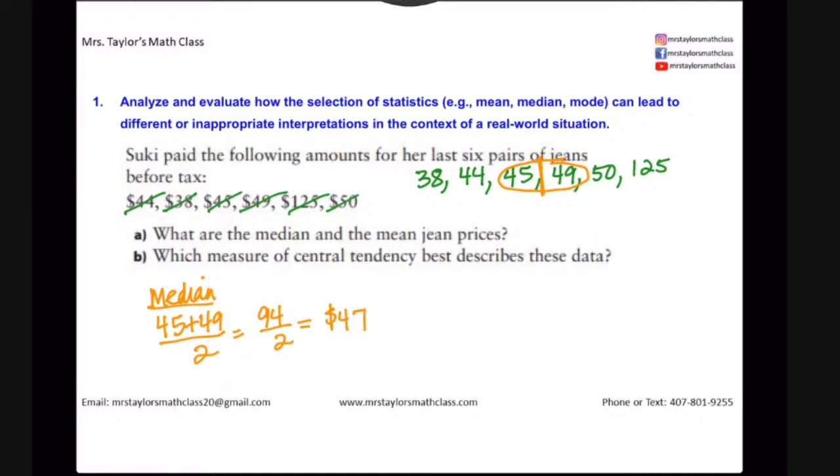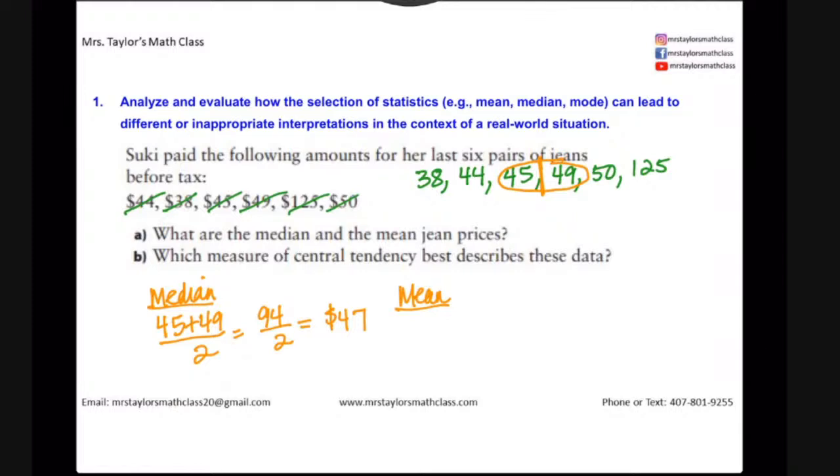Now for the mean, we're going to add all the numbers up. So 38 plus 44 plus 45 plus 49 plus 50 plus 125.